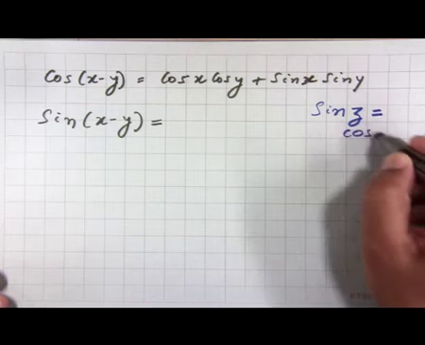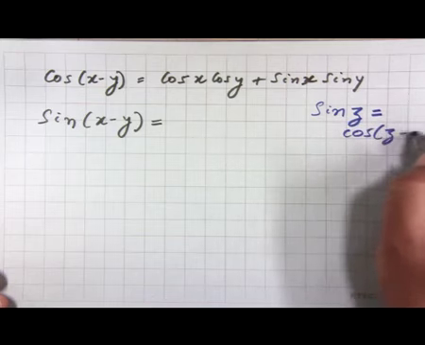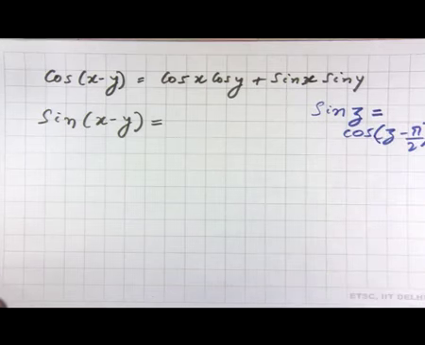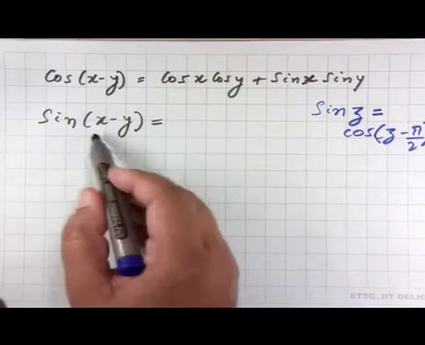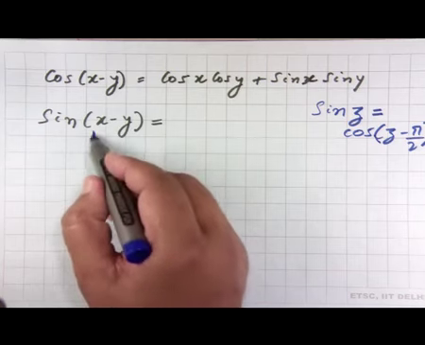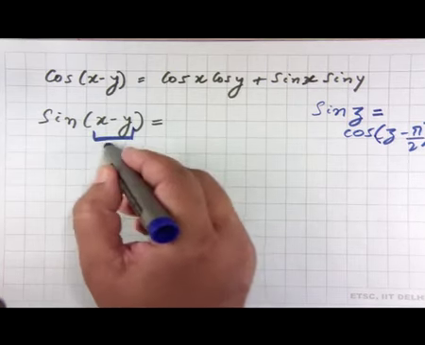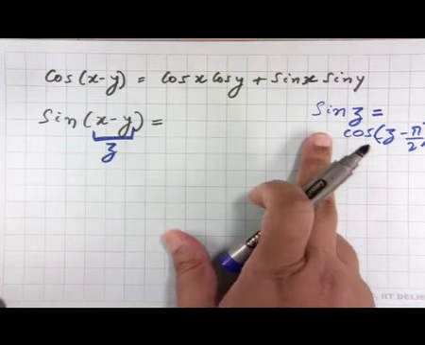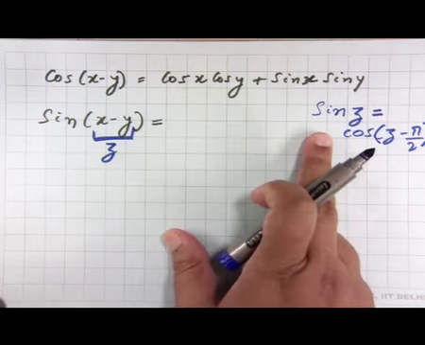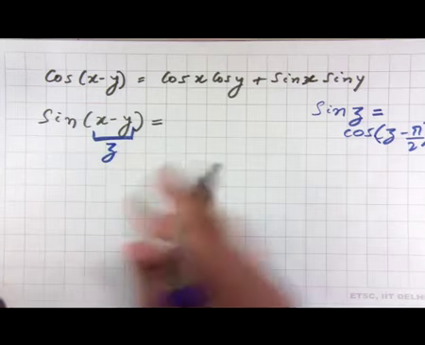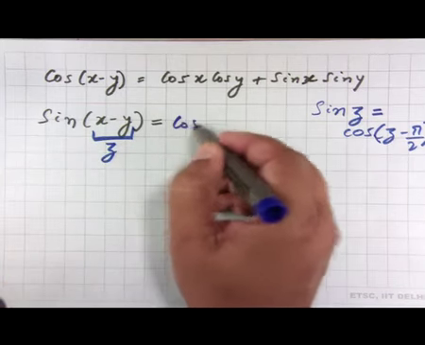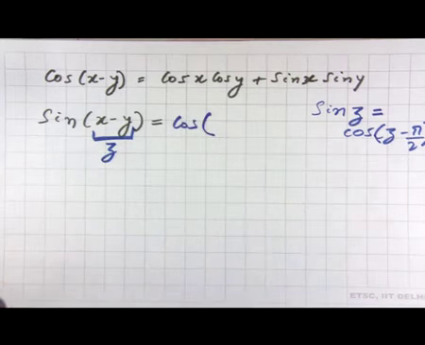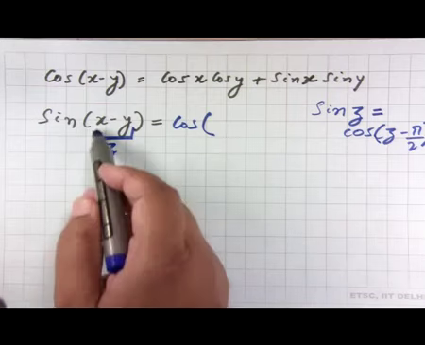And here we will treat this z as x minus y. So, by using this identity, what we get is that sine of z is cos of z minus pi by 2, but z is x minus y.